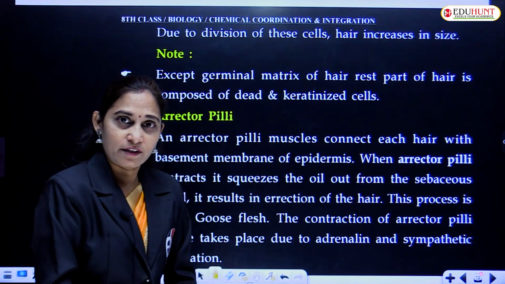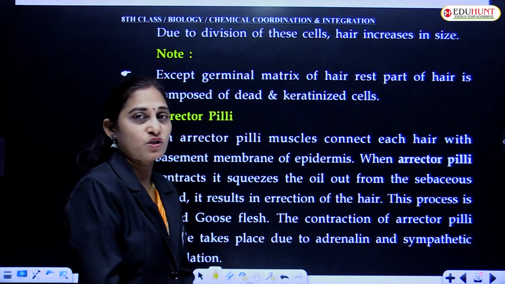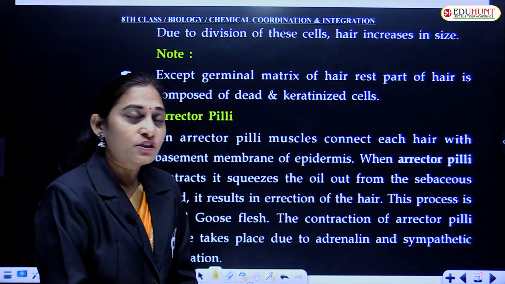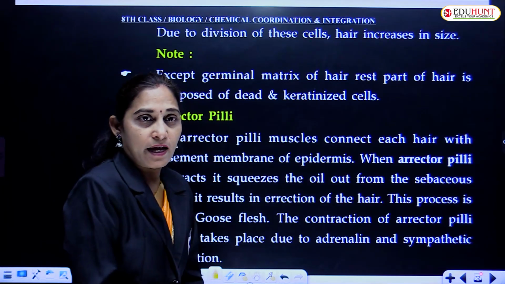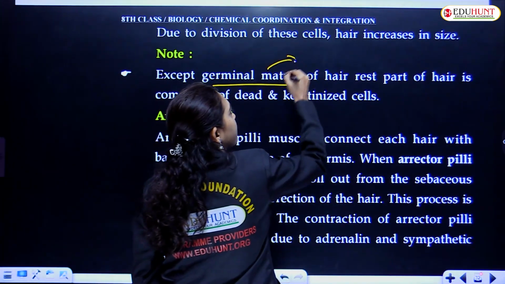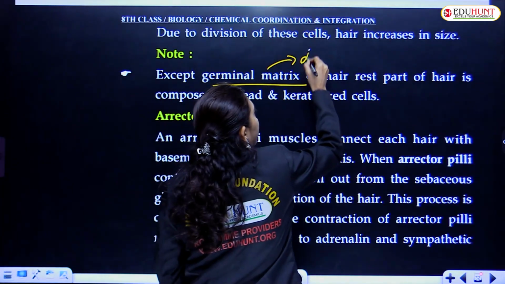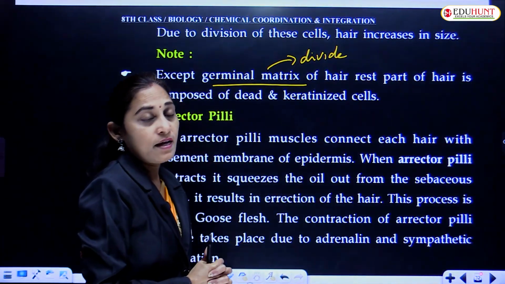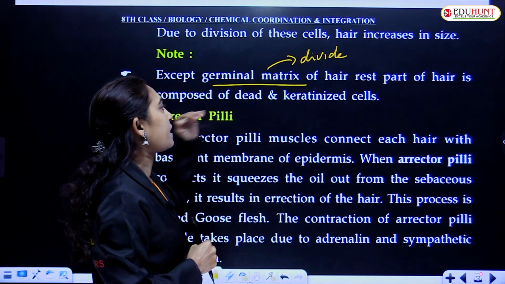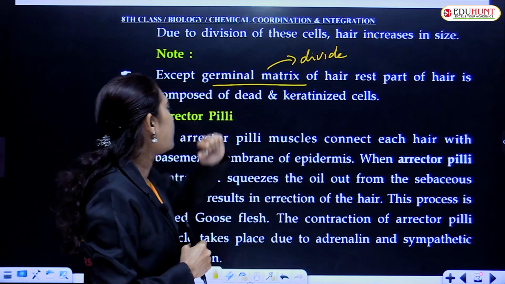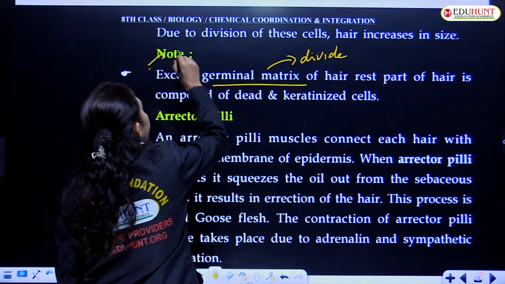Keratin is a protein. This proteinaceous substance is hard and it forms the shaft of the hair, except the germinal matrix, because it has the capacity to divide. It divides and gives rise to new cells. Because of the division that takes place in the germinal matrix, our hair grows.